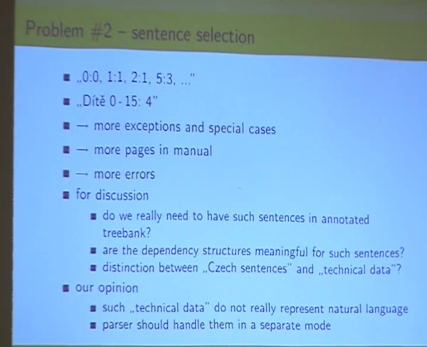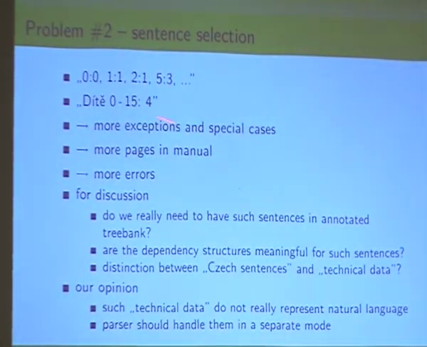We actually understand the reasons why these have been selected to be in the corpus, but we think they may cause problems in parsers training and testing, because such constructions behave in a completely different way than usual Czech sentences.